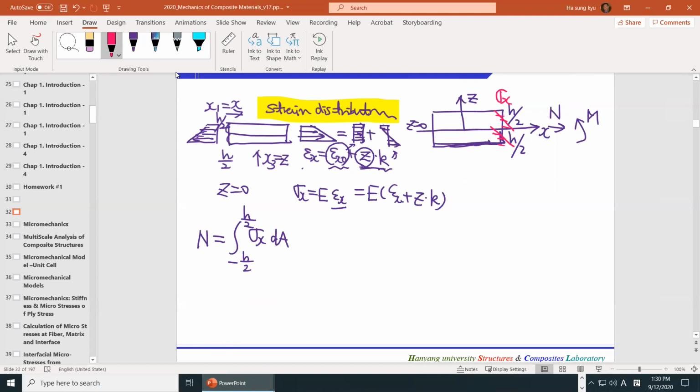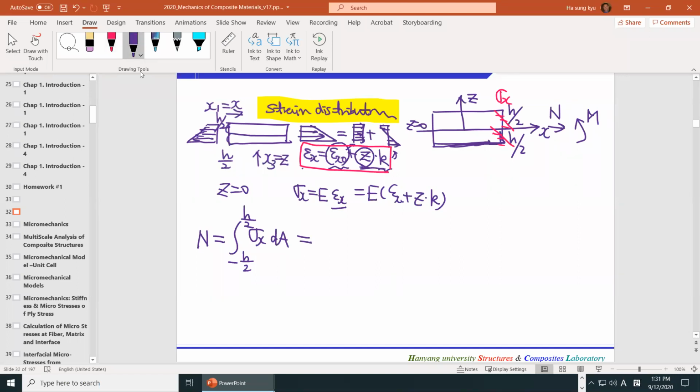We cannot assume how sigma x is distributed through the thickness. That depends on the material property. The only assumption we can make is on the strain distribution, which varies linearly. This is so important. In most structural analysis, we start with strain distributions. Please don't forget, we start with strain distribution. This is actually the same as the displacement restrictions, but we will call it strain distributions.